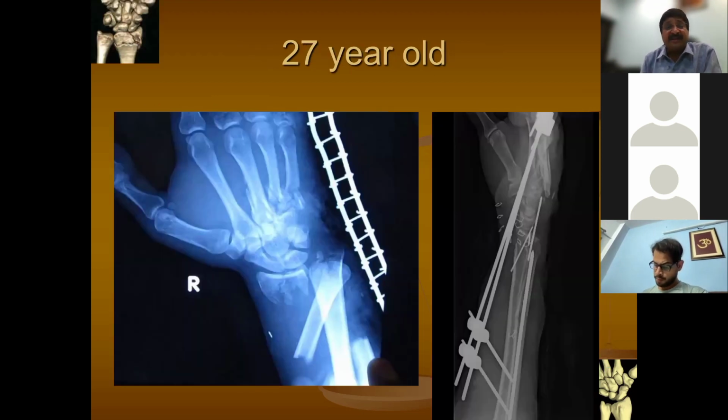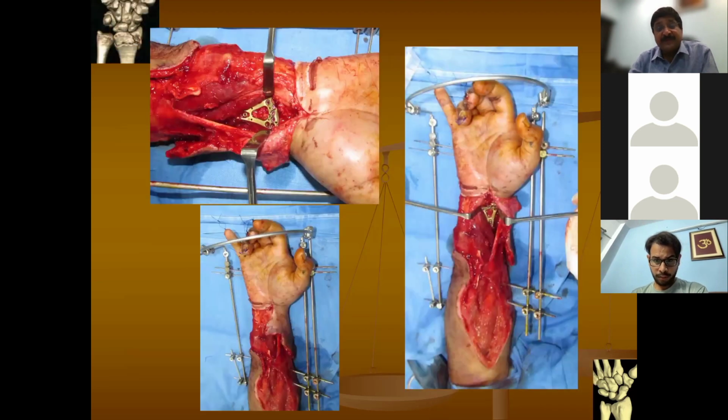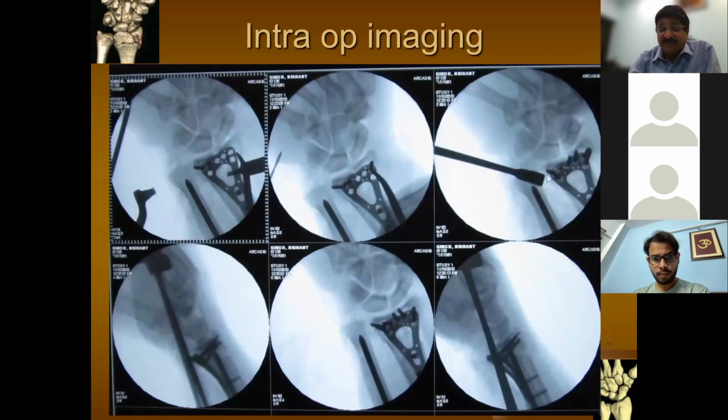Just an example: a 27-year-old male with a compound fracture. An emergency external fixator was applied, and an intramedullary wire was placed through the ulna. In this case, we decided there was no infection on the fifth day, and when we did a second look, we decided to do formal fixation, and at the same time, the external fixation was kept because there were injuries in the metacarpal and phalanges also, and in the same setting, resurfacing was done.